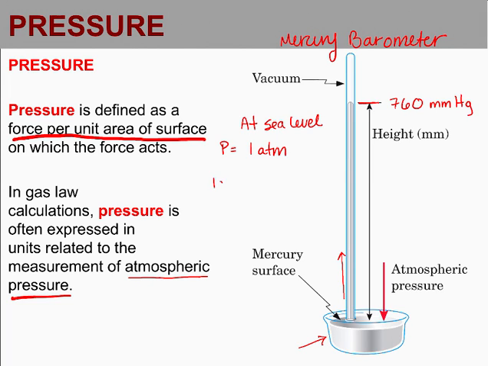So we can say that 1 atmosphere of pressure will result in a mercury height of 760 millimeters. Now, sometimes this is measured in centimeters or inches, but in science, we often use millimeters of mercury as our standard.